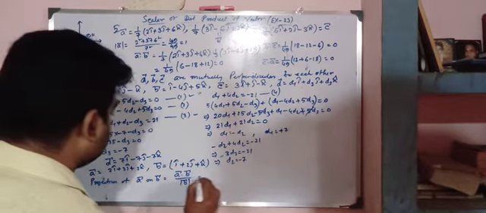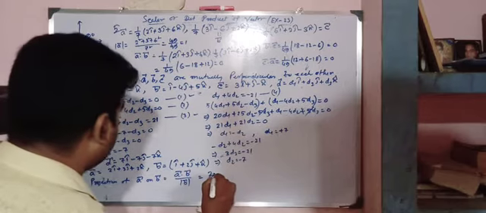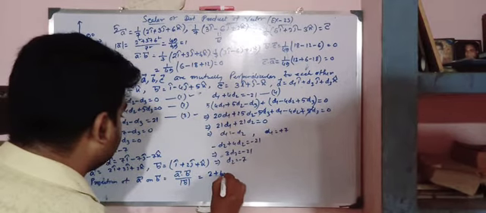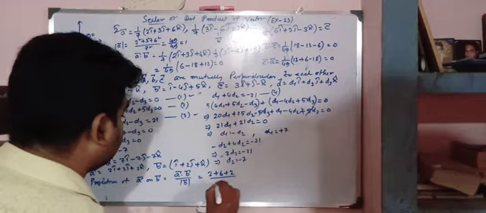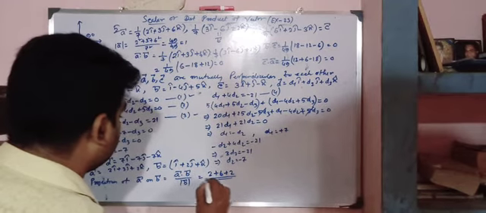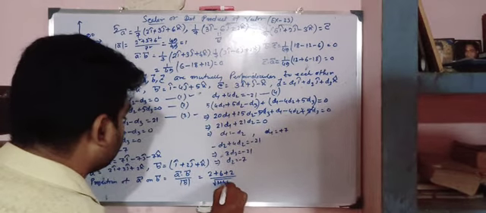That's implying 2 plus 6 plus 2 divided by mod B, which means root over of 1 plus 4 plus 1.